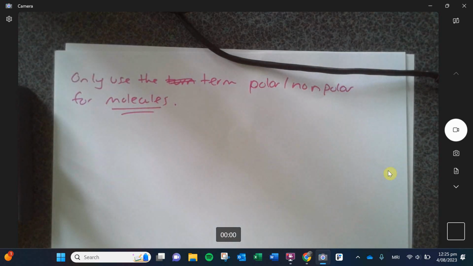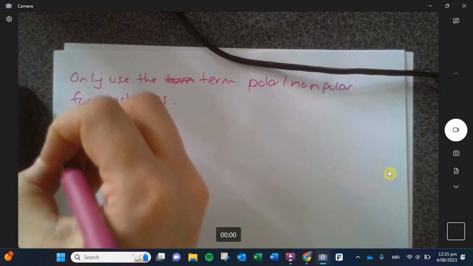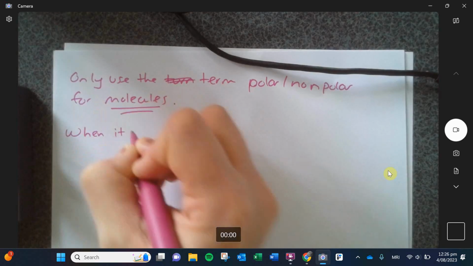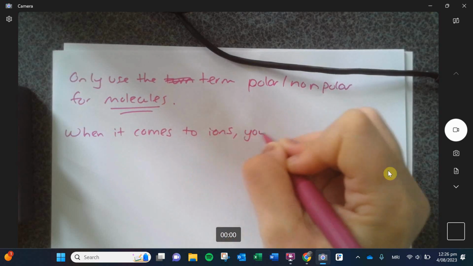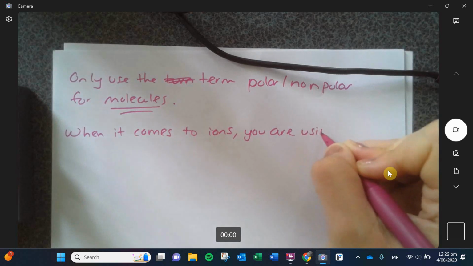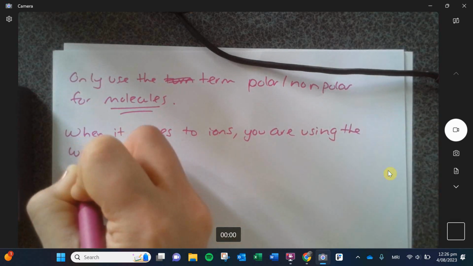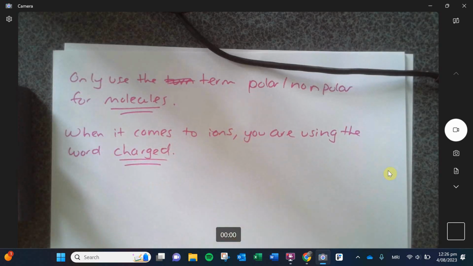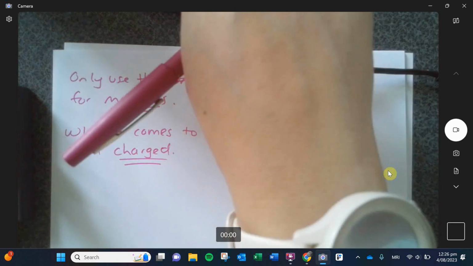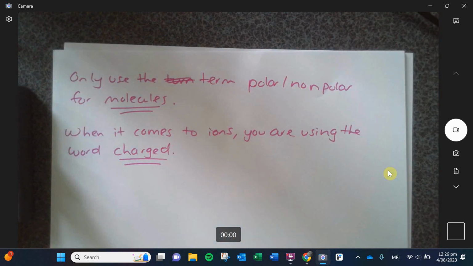When it comes to ions, you will just say charged. So I don't want you describing sodium chloride or the sodium ion as a polar ion. It is not a polar ion. It is a positively charged ion. That's what I mean by that.